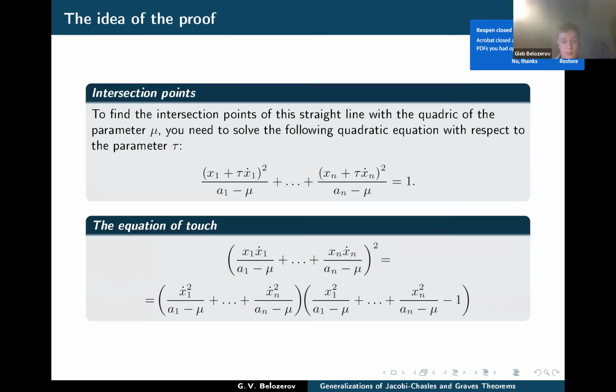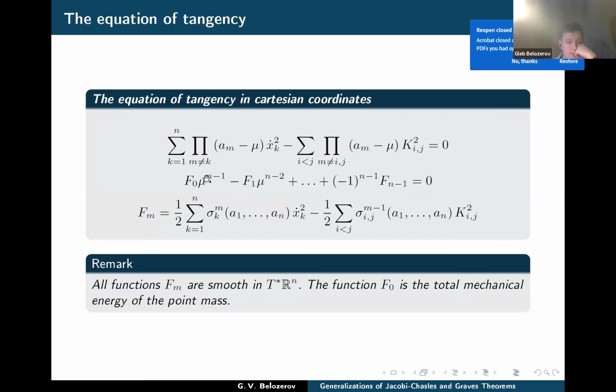If we rewrite the last formula, we obtain that the parameter mu is a root of the following polynomial with coefficients f0, f1, and so on, fn minus 1. Here, fm is a function depending on the point, velocity vector and parameters of the confocal family a1, ..., an.